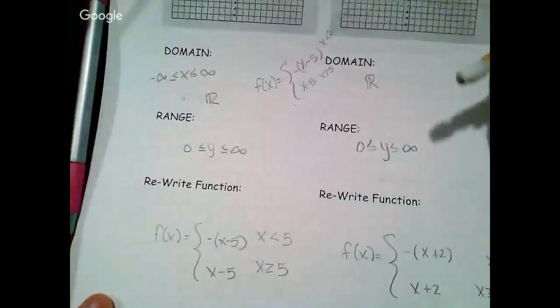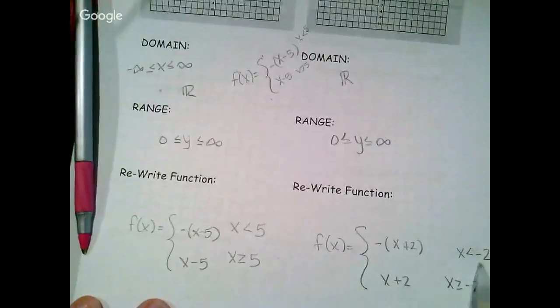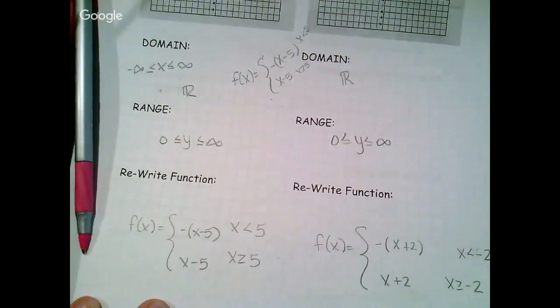So down here, we have that for all values of x less than -2, it's going to take whatever's in there and make it positive, which means we're multiplying it by -1. But for all values greater than or equal to -2, it's going to stay positive because it already was to begin with. So it's going to be x plus 2.